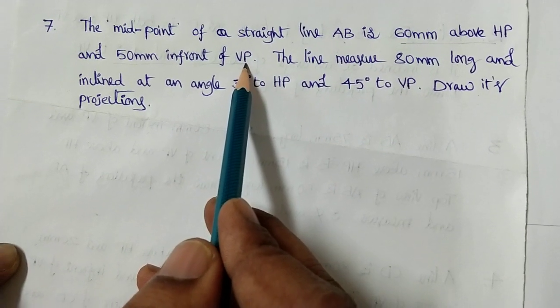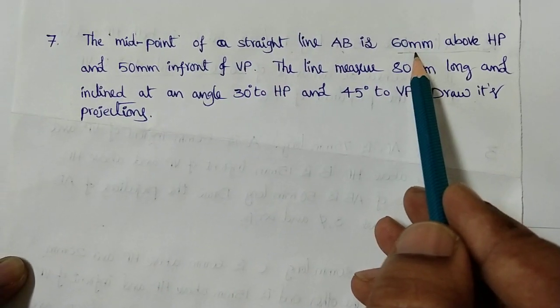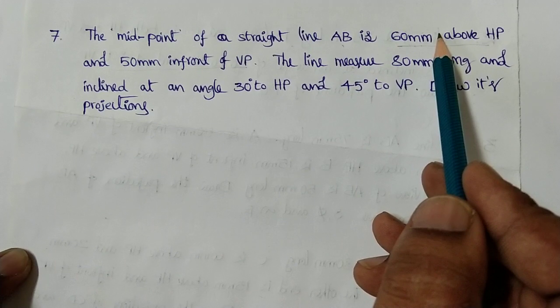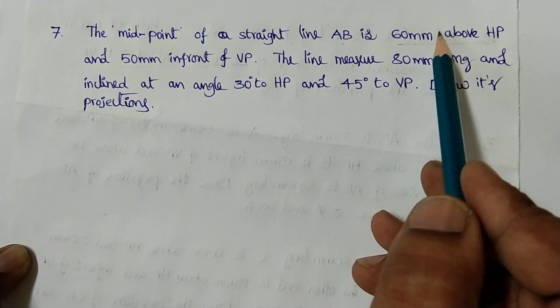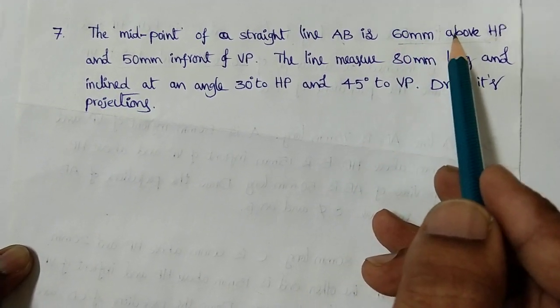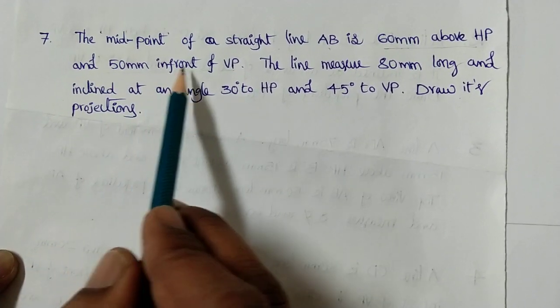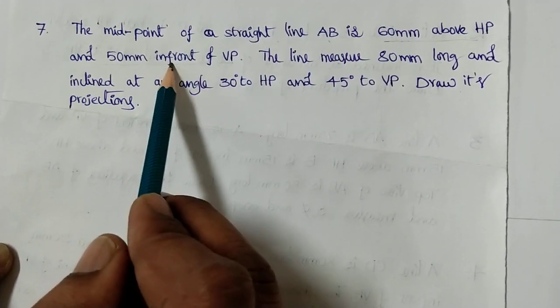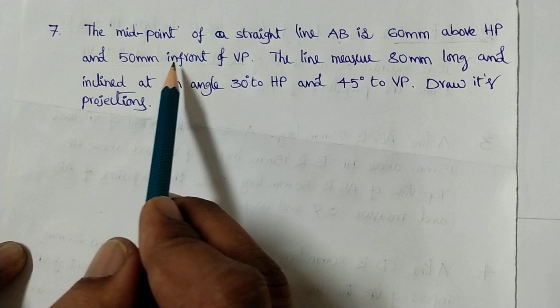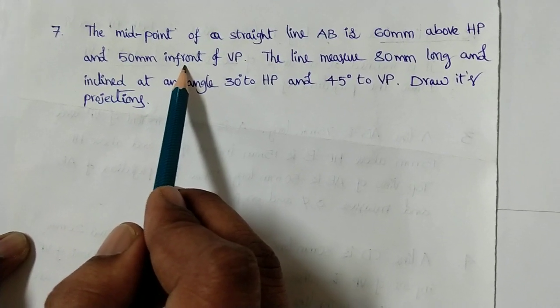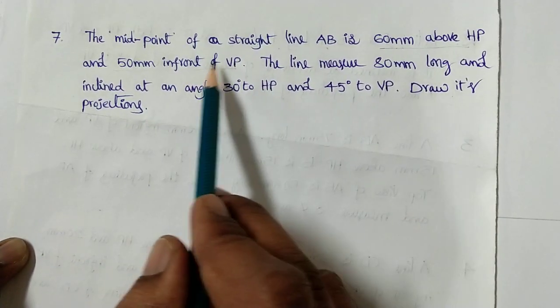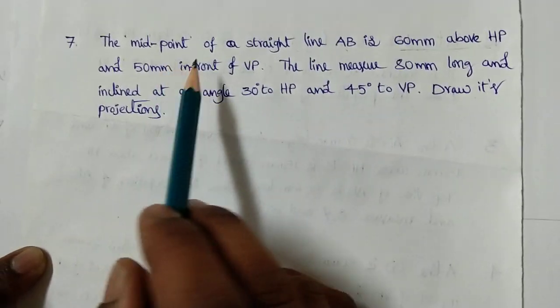That means M dash comes 60 mm above the reference line, so that we will be getting locus of M dash also passing through that particular point. Similarly, 50 mm in front of VP, so small m comes 50 mm below the reference line according to first angle projection. That is about midpoint details.